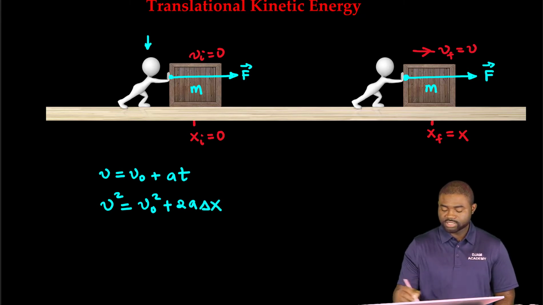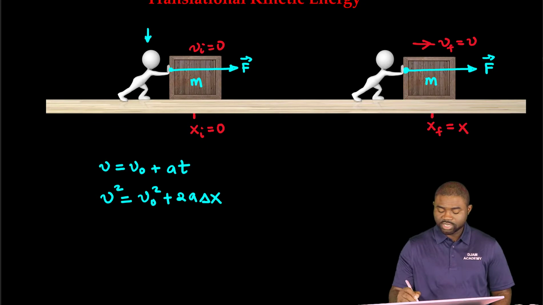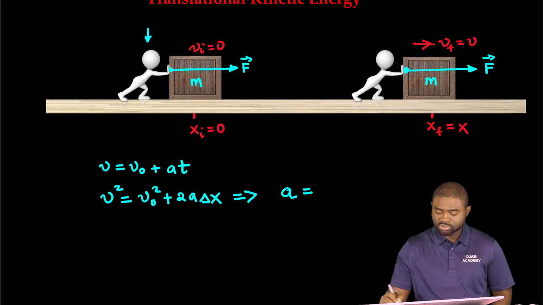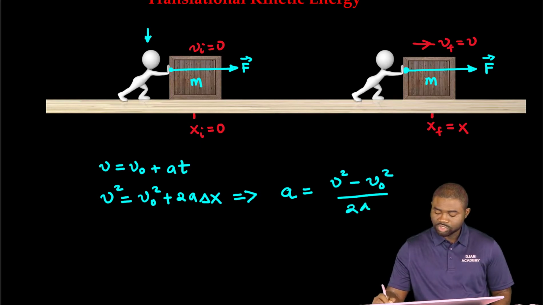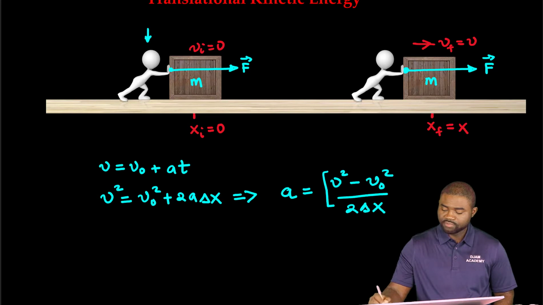Remember, delta x is simply the distance traveled by the box at that particular time. This will imply that the acceleration a of the object is equal to v squared minus v0 squared, all divided by 2 delta x. Let's keep this in mind. Let's call this equation 1.